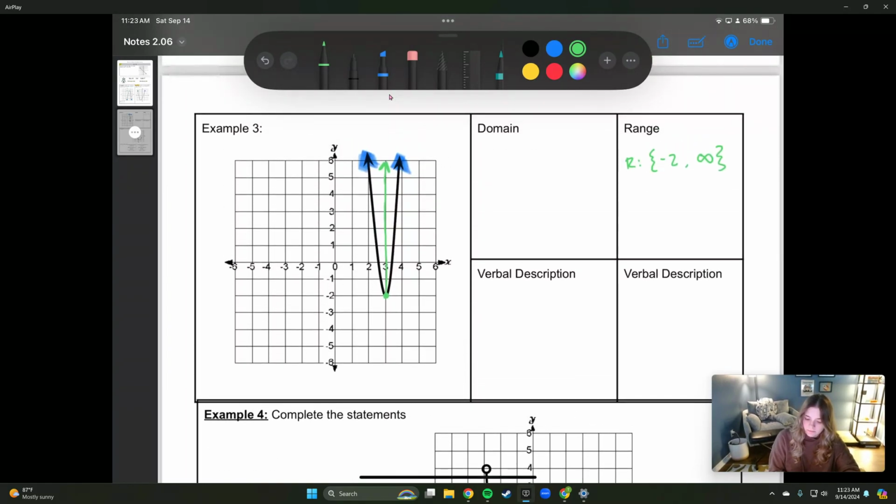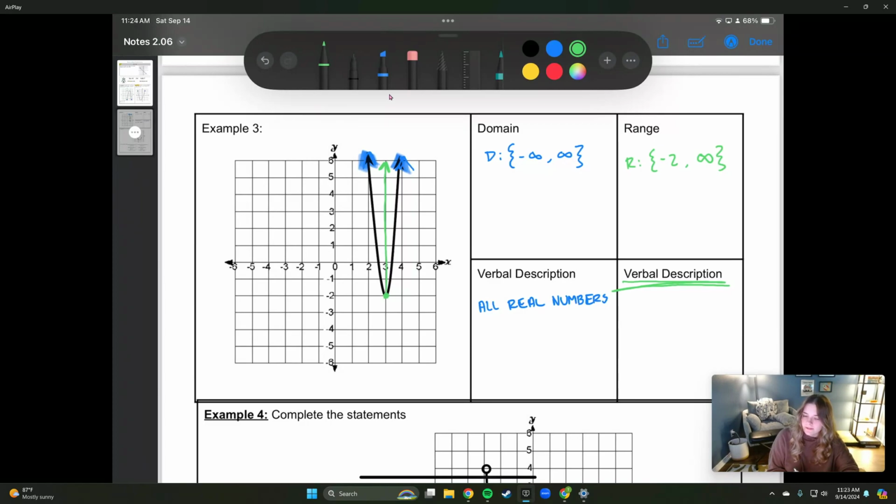Well, if my domain is all real numbers, negative infinity to infinity, I would say it is all real numbers. Now, it's up to you. I want you to tell me, how would I give a verbal description for the range? I want you to tell me your best way to say that. How would I say the verbal description for the range on this example here?